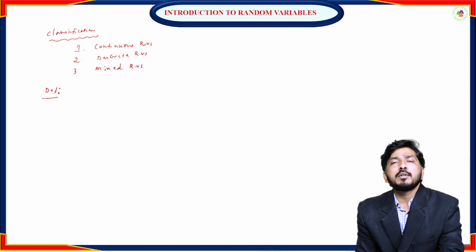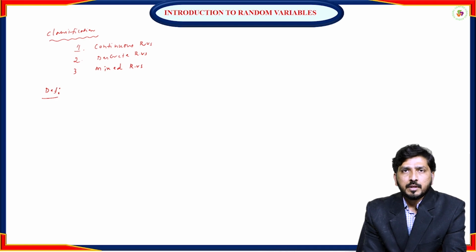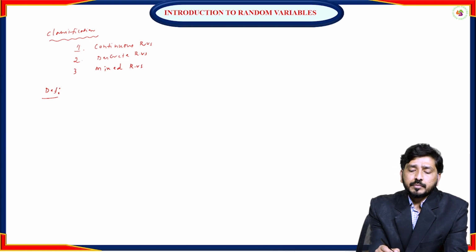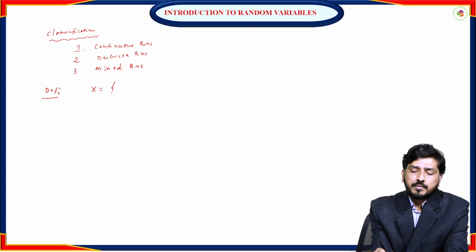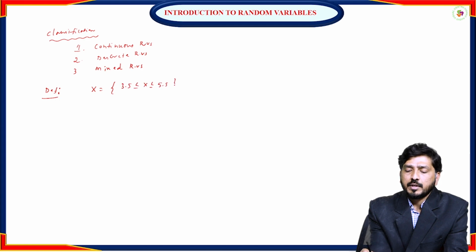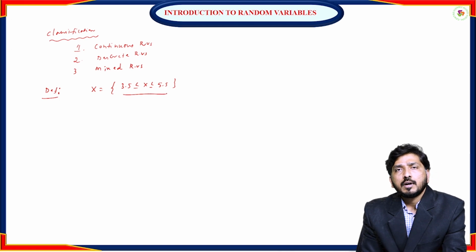Now the definition of the continuous random variable. A random variable is said to be continuous if the random variable consists of n number of values, that is x equal to 3.5 less than or equal to x less than or equal to 5.5. So it is a range. The range of values is from 3.5 to 5.5.